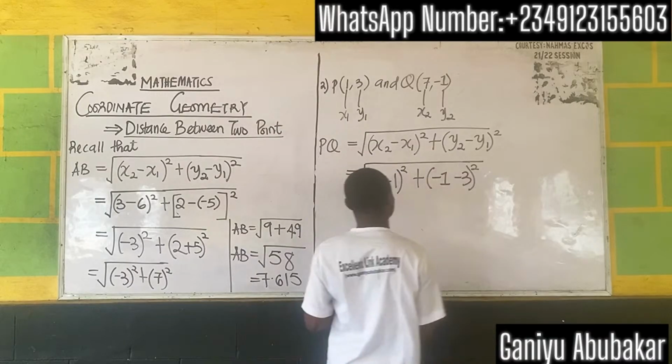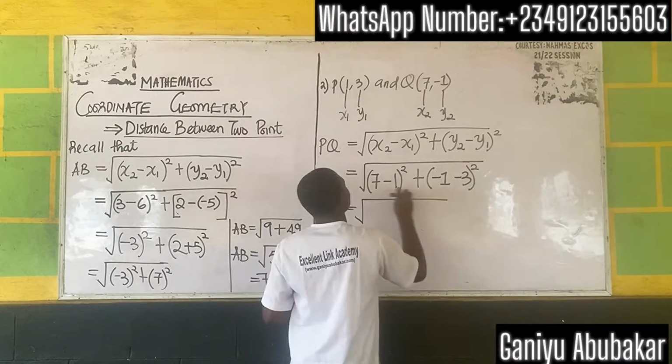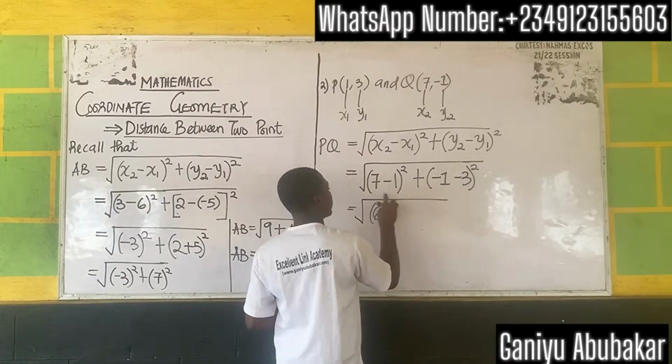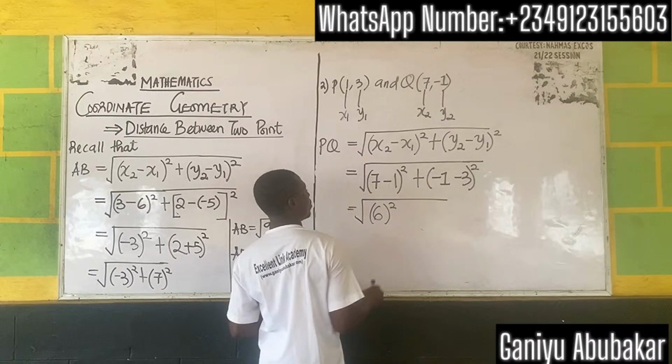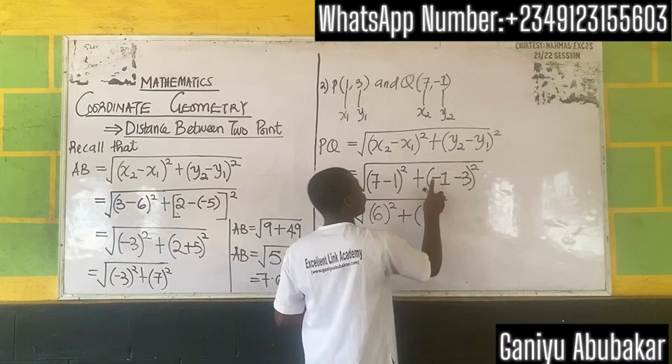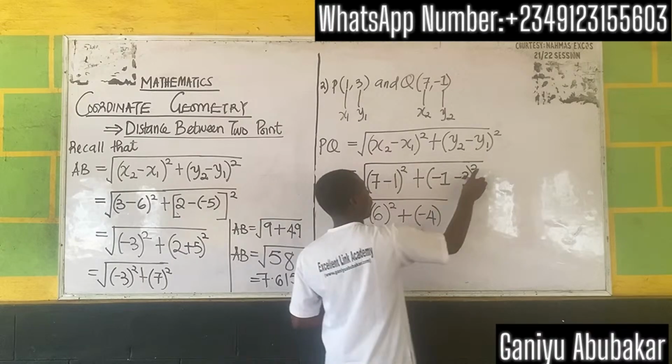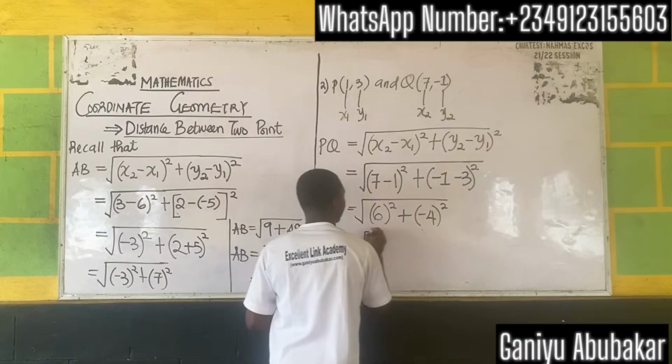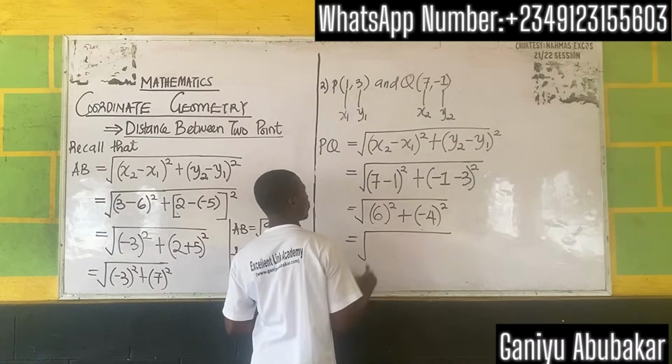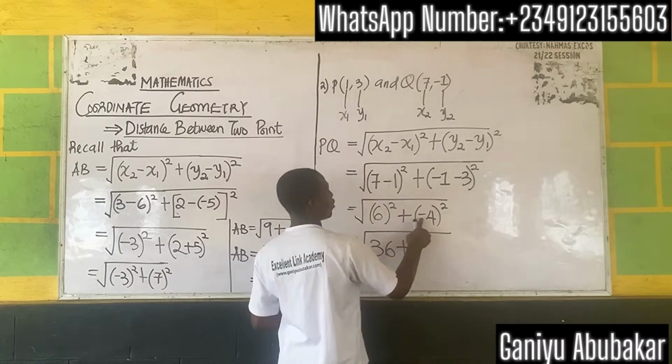Moving on, this is equal to the square root of 6 squared plus minus 1 minus 3, which gives minus 4, all squared. This is equal to the square root of 36 plus 16.